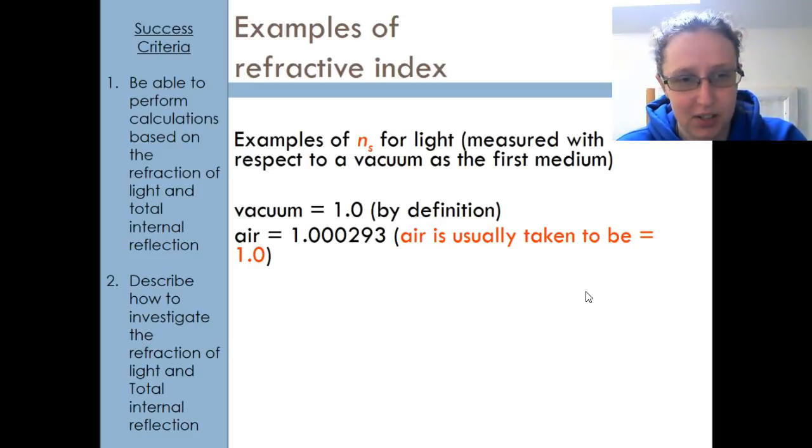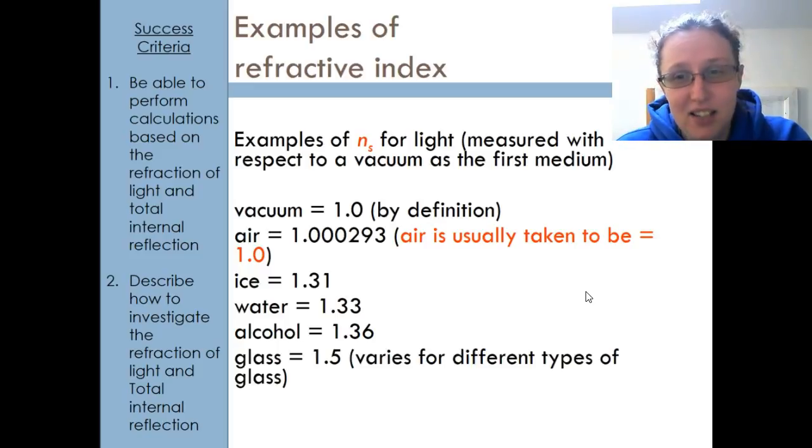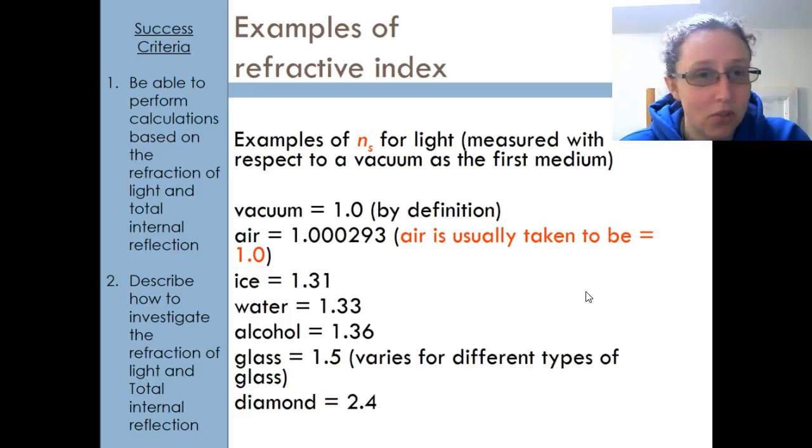It's a very insignificant difference. Ice would be 1.31, water 1.33, alcohol 1.36, glass, depending on the sort, about 1.5, diamond 2.4. So it gives you an idea of the kind of range we're looking at with these n values.